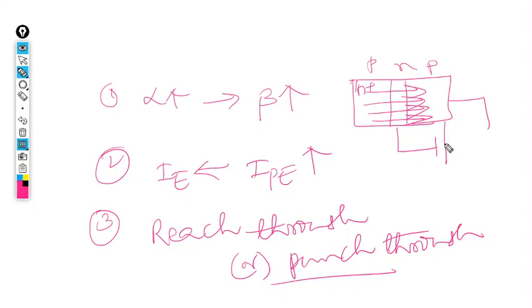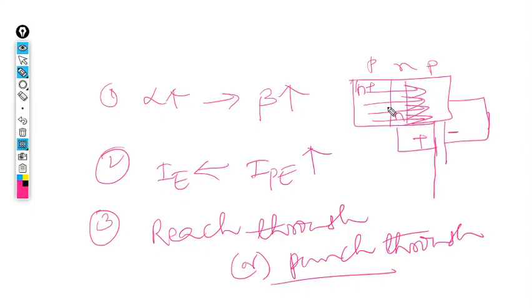So the N type is connected to the positive terminal and the P type is connected to the negative terminal. In that case, this emitter is giving punches to the collector.